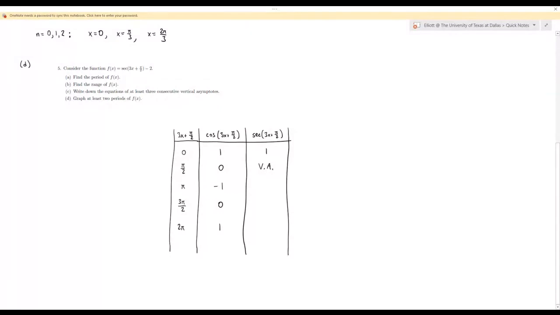So whenever cosine is equal to 0, secant has a vertical asymptote instead. Likewise down here, that 0 for cosine means that you have a vertical asymptote for secant. And then here, 1 over -1 is still -1, and 1 over 1 is still 1.